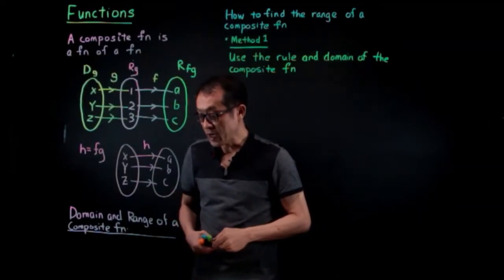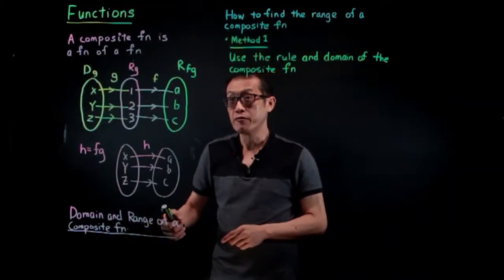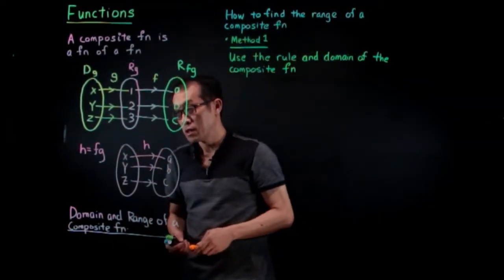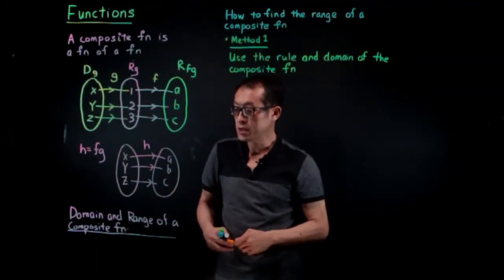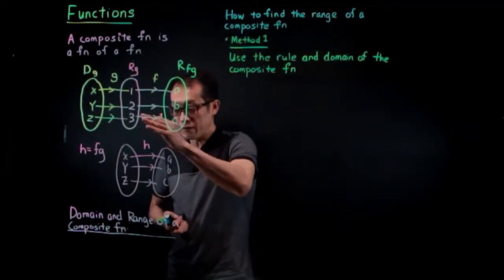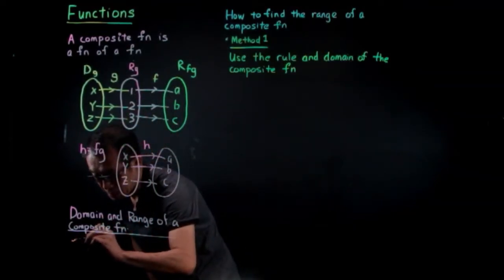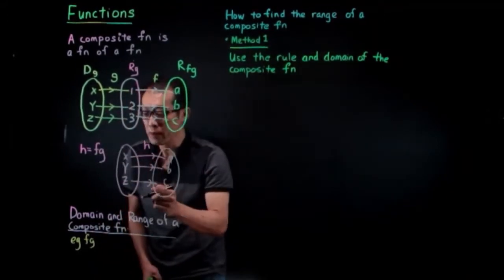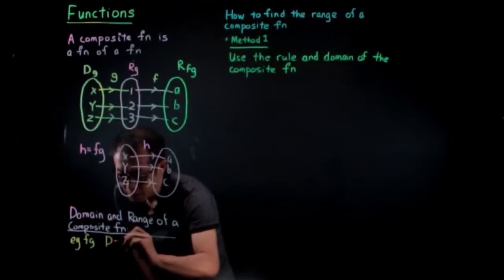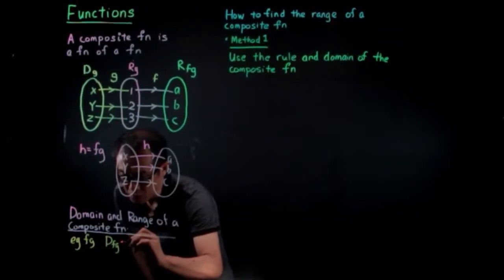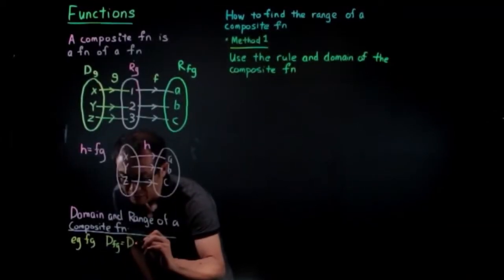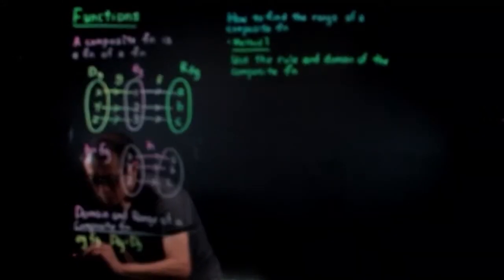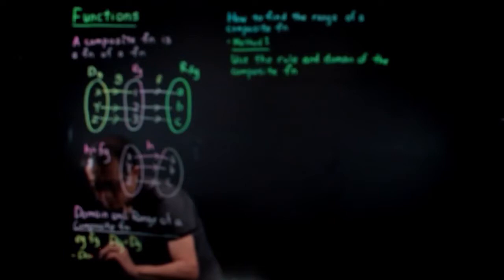Now, how to find the domain and range of a composite function? As you can see, the domain of a composite function, let's say we take this example, fg, then the domain of fg is equal to the domain of the first function.